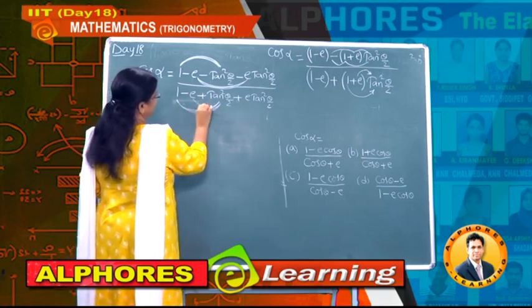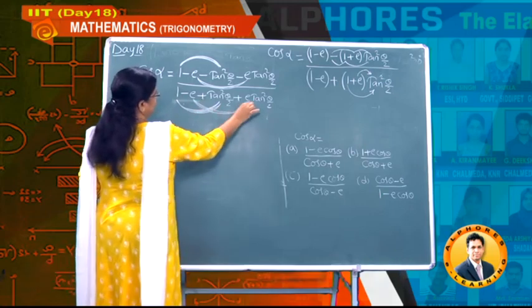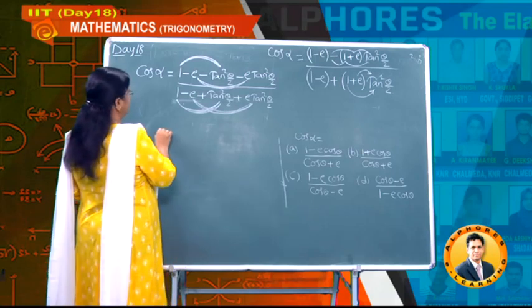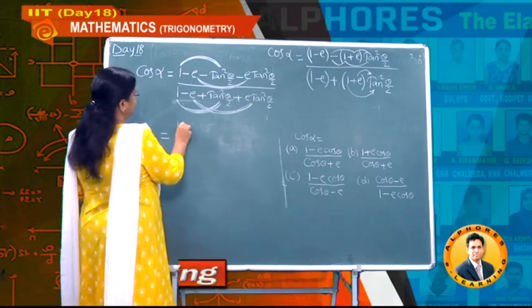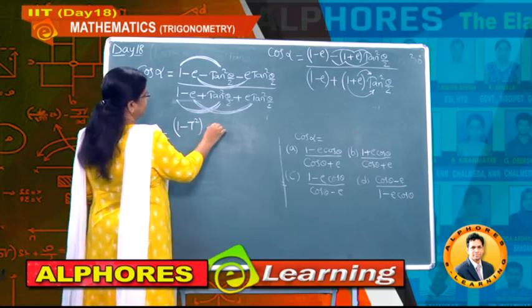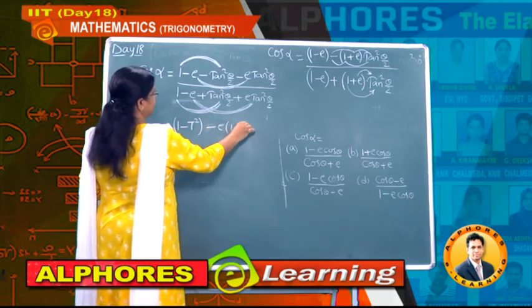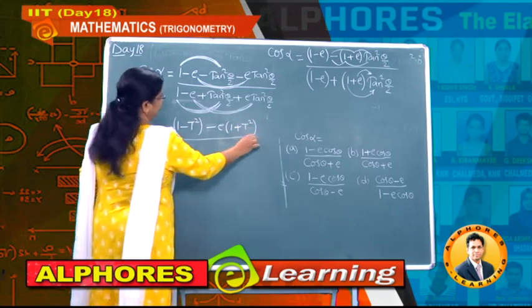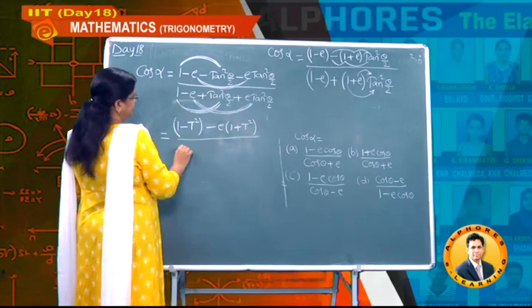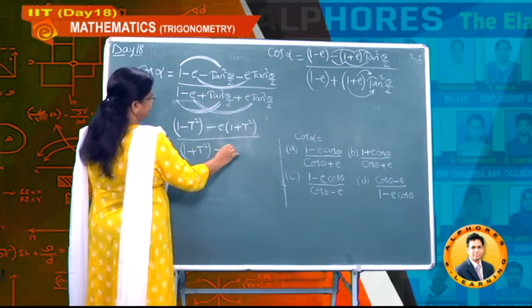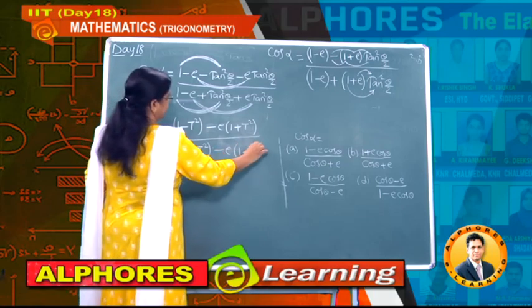From the next two terms, if you take minus e common, you will get 1 minus tan square theta by 2. Now this is equal to, first I am writing 1 minus tan square, and after that minus e common 1 plus tan square, half angles on this side, and whole divided by the denominator 1 plus tan square, and next value you are having minus e into 1 minus tan square.